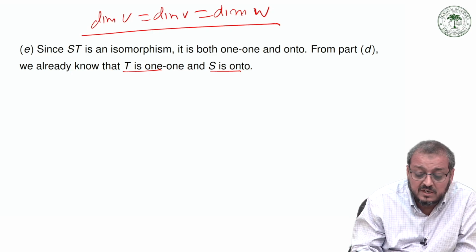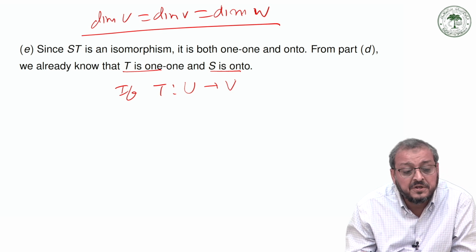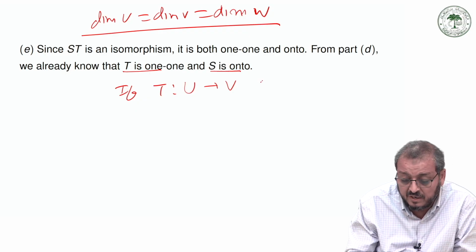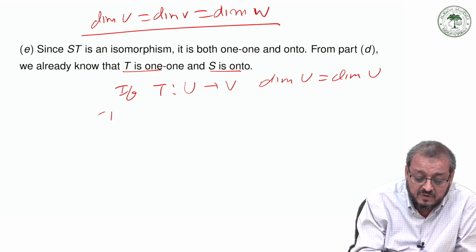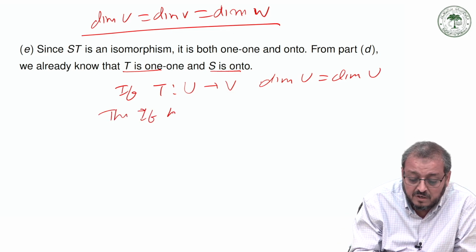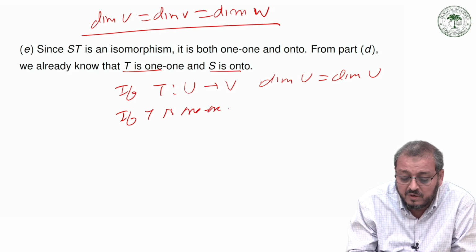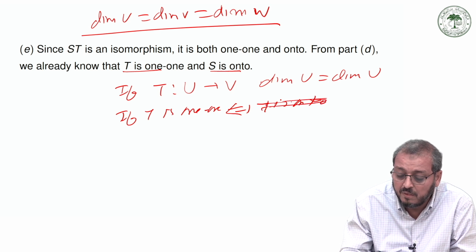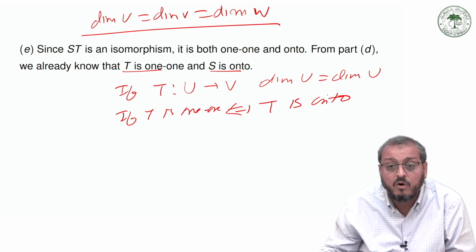And now we know the result: if we have T from U to V a linear transformation, and the dimension of U is the same as the dimension of V, then we can prove that T is 1-1 if and only if T is onto.